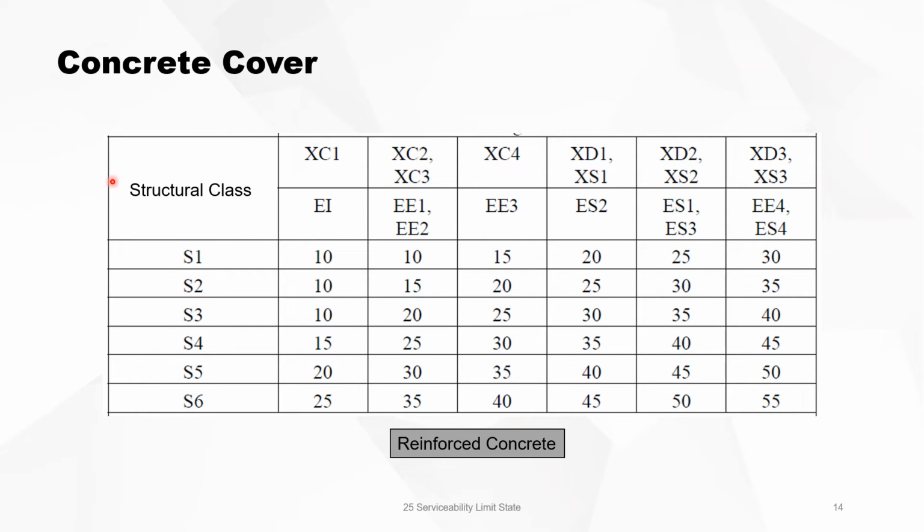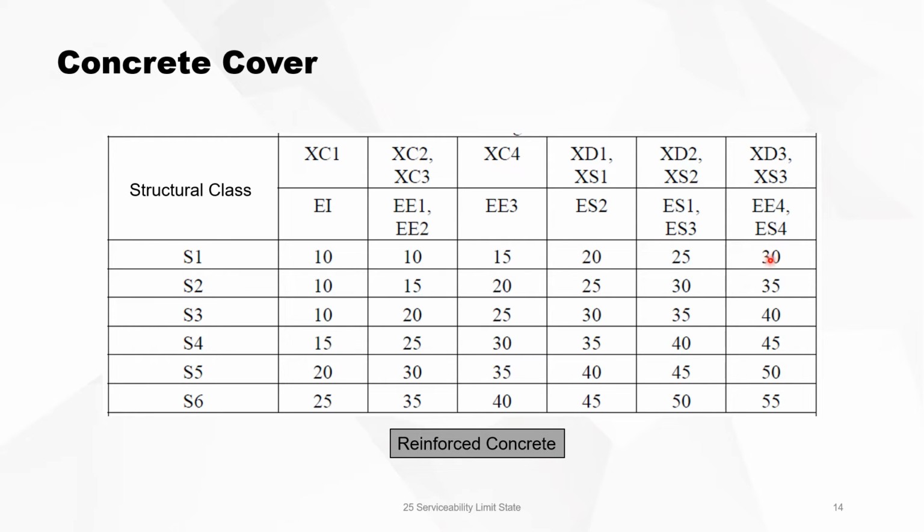It's just taken literally out of the code and pasted in this slide. So for reinforced concrete, and you have, for instance, a beam inside the house, then you have a structural class S4, and then the C min dur is 15 millimeters.